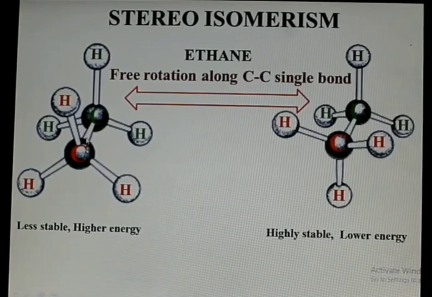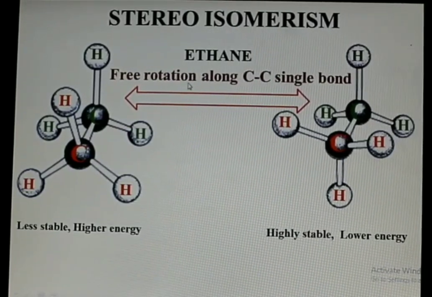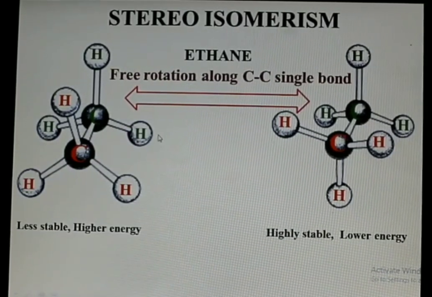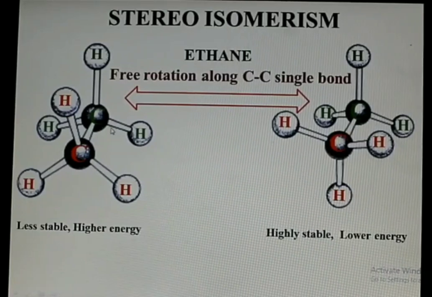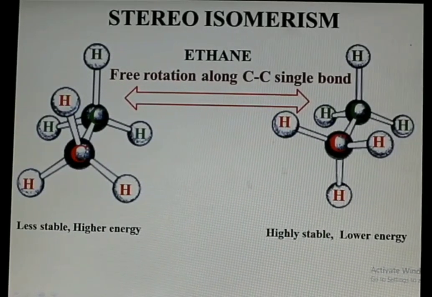If there is a carbon-carbon single bond, free rotation along the carbon-carbon single bond is possible. If you again examine these two structures, in this structure and the first structure, the back carbon arrangement is the same, right?